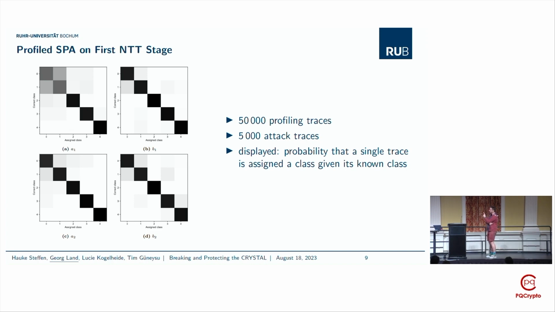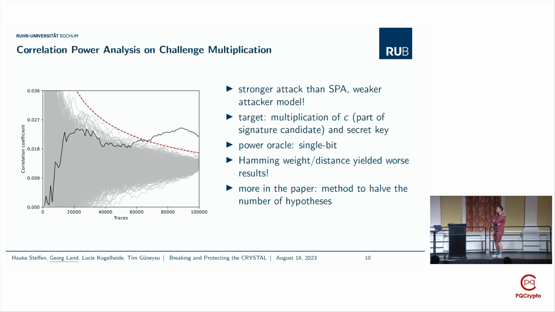We can also combine the classification of multiple traces. For recovering A1, we need at most 35 traces, and then we have it in 100% of the cases. All other coefficients need at most 4 attack traces to classify correctly.